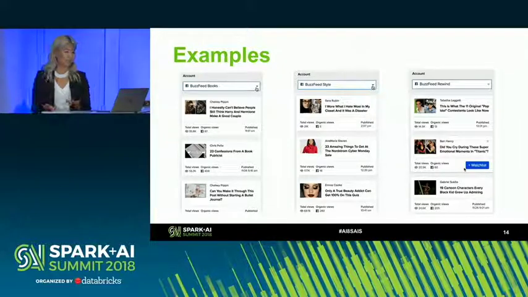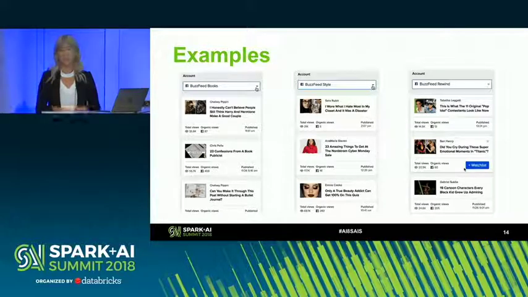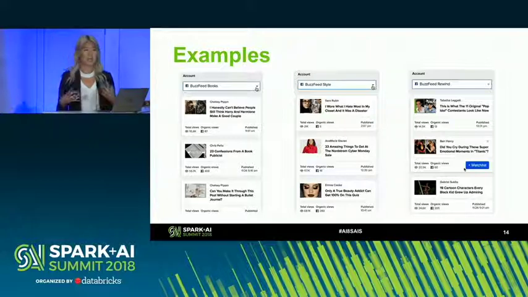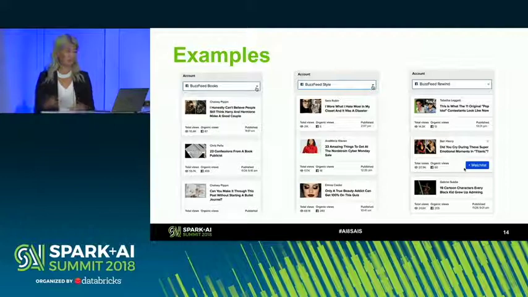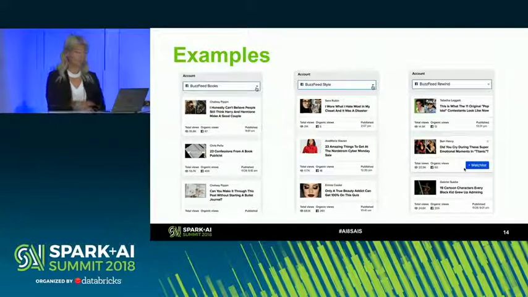Our model learned that as well, because the first recommendation is "I wore what I hate most in my closet and it was a disaster." So it even learns the nuanced voices of each of these channels. We also have our BuzzFeed Rewind channel, which is for nostalgia, throwback content, and it had a lot of posts reminiscing about the early 2000s.